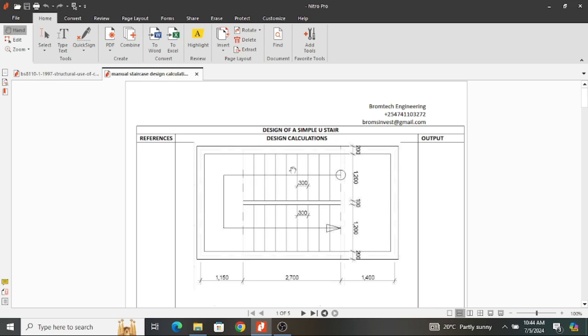We normally design the staircase as a one-way spanning slab, such that we cut it at this section, and then we design this part where the flight is slanting, but this section is flat and this is flat. And therefore, it is taking all its loads to this beam and all its loads on this side to this beam. Therefore, it is only distributing its load along one axis.